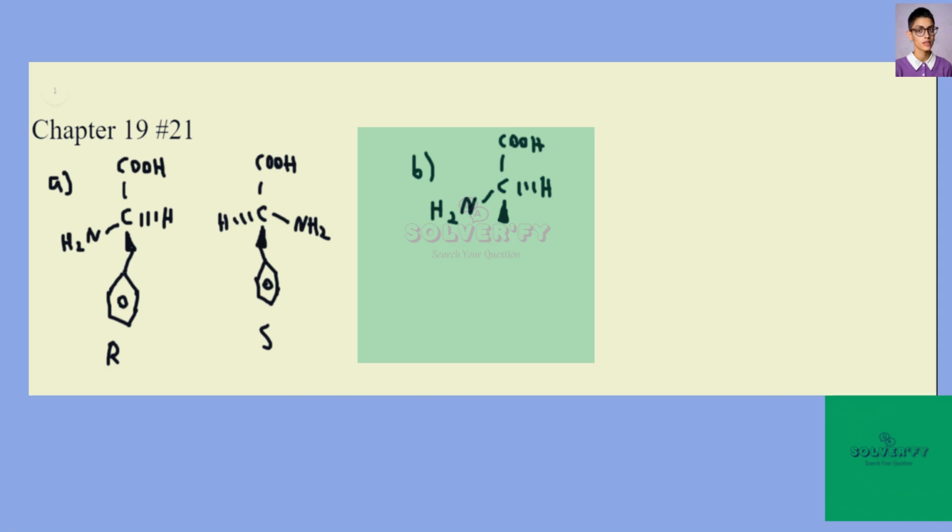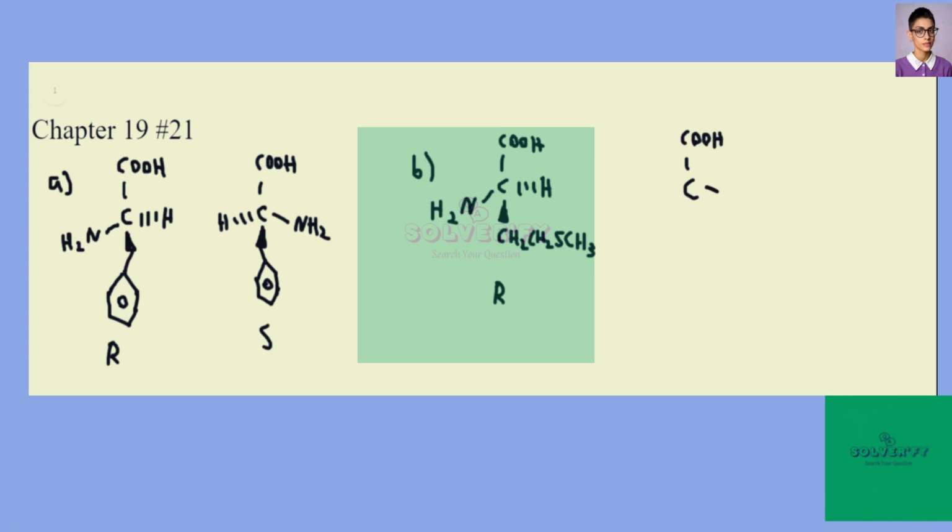And for methionine, the side chain is CH2CH2SCH3. Okay, and so that again is going to be R in this configuration, and then we'll draw the S configuration. And so that is going to look like this.